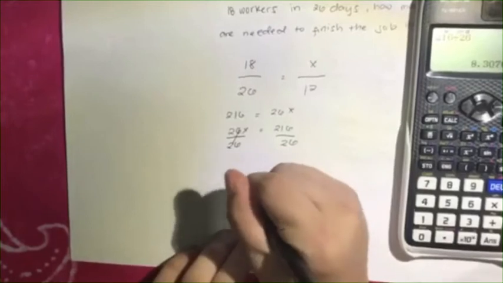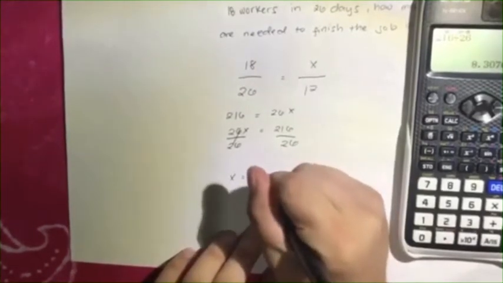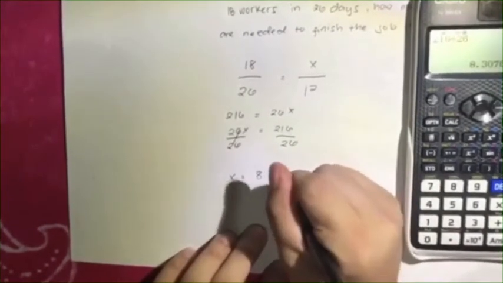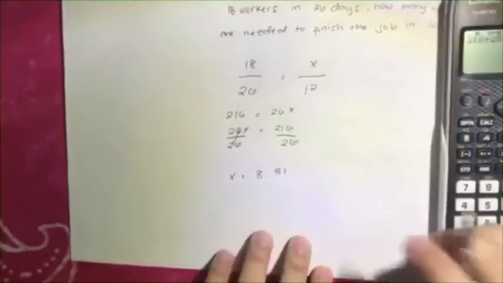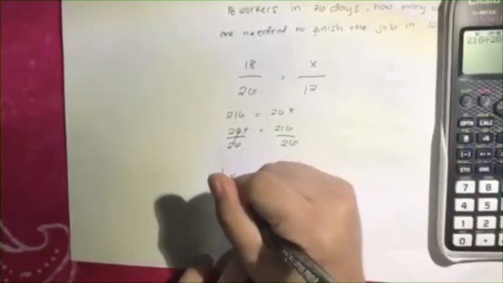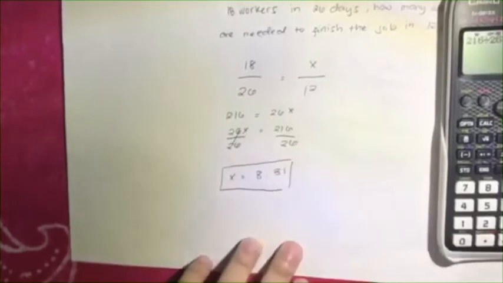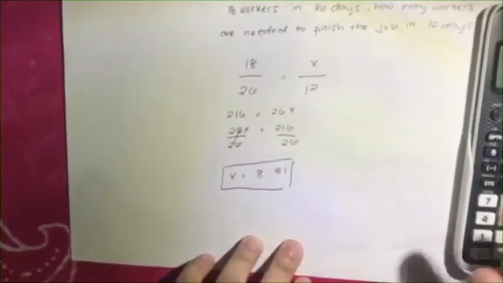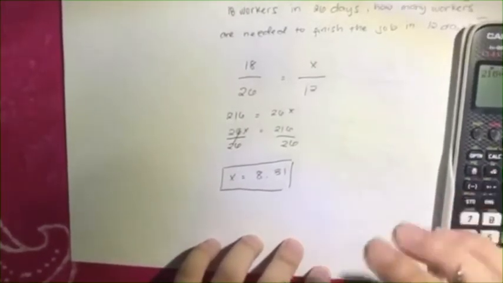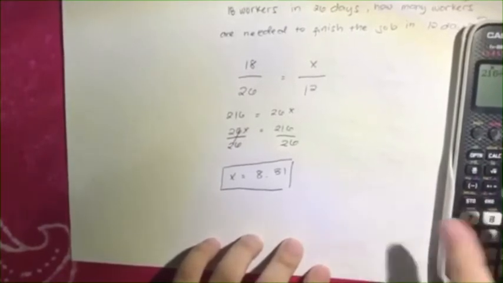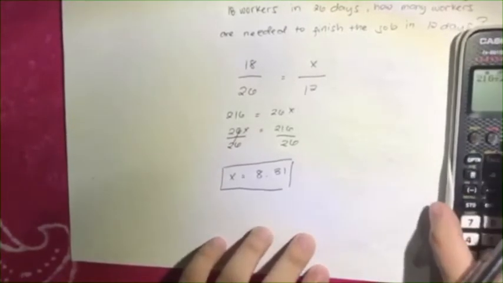So, we will have x is equals to 8.31. So, ang value ng workers ay 8.31. So, kailangan natin ng 8.31 workers to finish the job in 12 days.